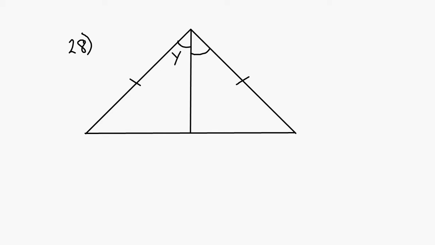This is angle Y, X, and 62 degrees. You're asked to find the value of x and the value of y. All right, this big triangle around the outside, triangle ABC, is an isosceles triangle. So if this angle down here is equal to 62 degrees, then angle B is equal to 62 degrees.